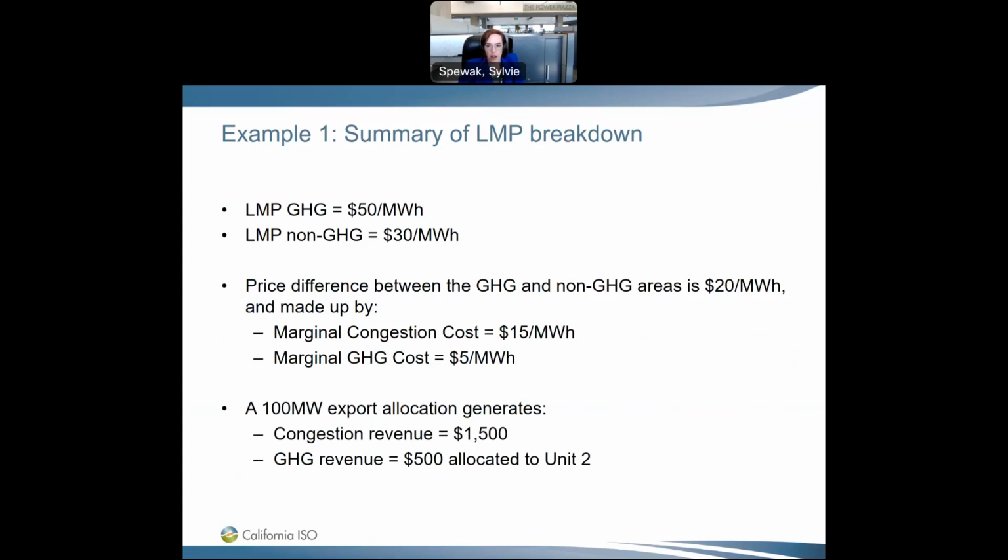And the thing that I'll highlight is at the bottom here, where in green on the previous slide, I noted that there was a 100 megawatt export allocation, and I'll show you how we come up with these revenue numbers. 100 megawatts of an export allocation times the marginal congestion cost gives you $1,500 in congestion revenue. A 100 megawatt export allocation times the marginal GHG cost gives you $500 in GHG revenue.